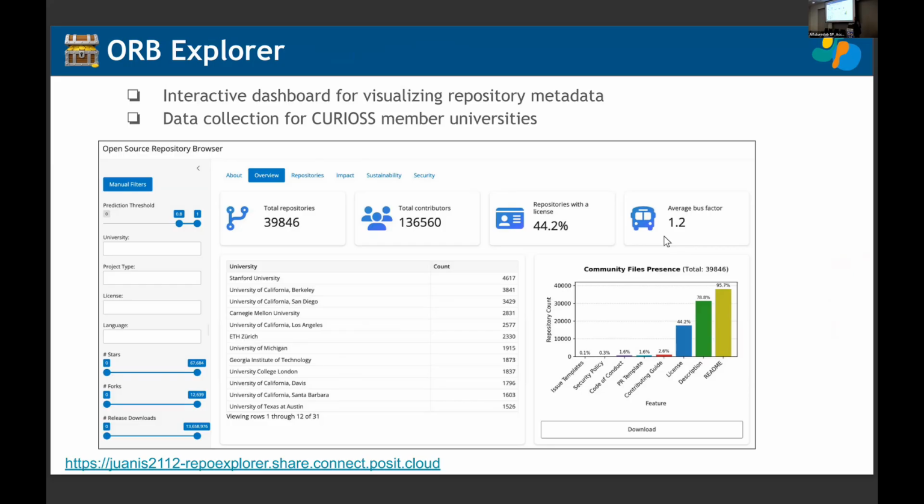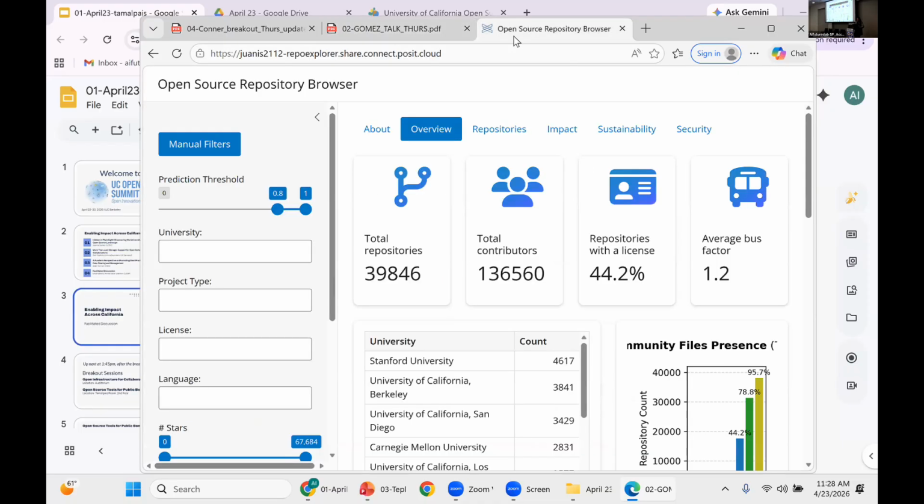I actually partnered with Curious, which was mentioned earlier. Curious is an organization that groups universities from the world that have open source program offices. And I've been interacting with them to make this dashboard as useful as possible. So let me see if this works. Yay.